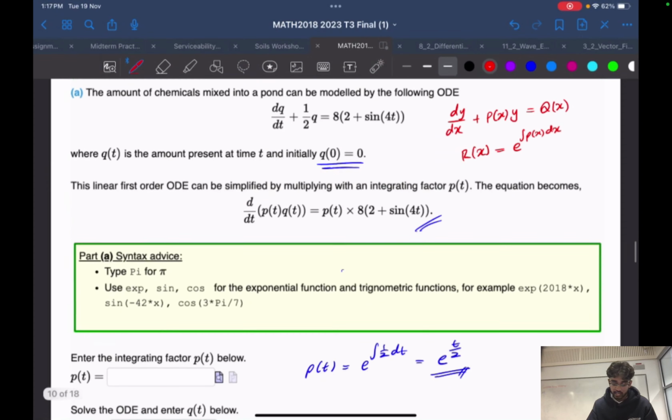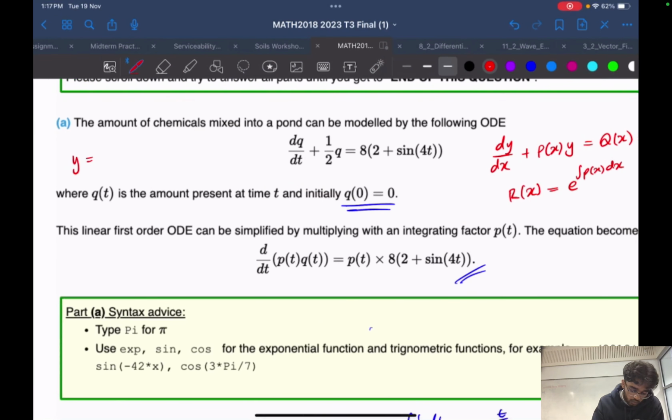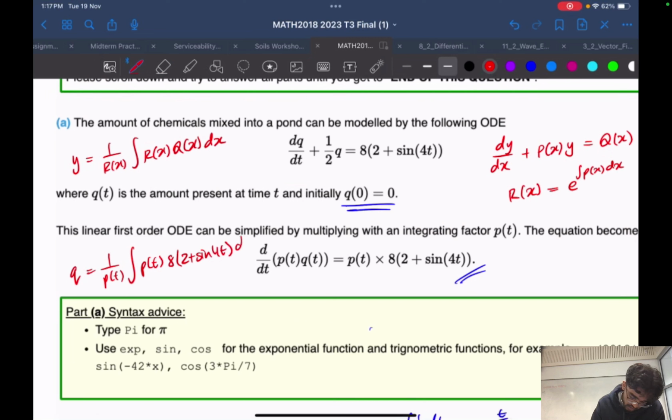And in a general sense, in terms of y and x, you can say that y is equal to 1 over r of x times the integral of r of x, q of x, dx. So in this case, Q is equal to 1 over P of t times the integral of P of t times 8 times 2 plus sine 4t dt.